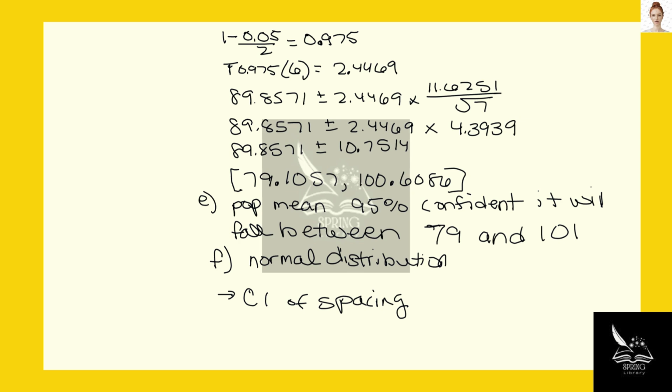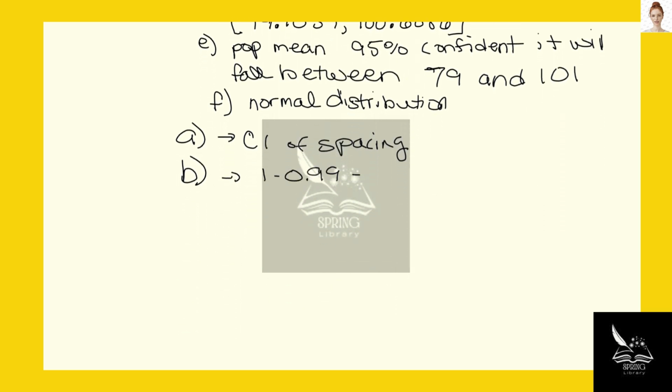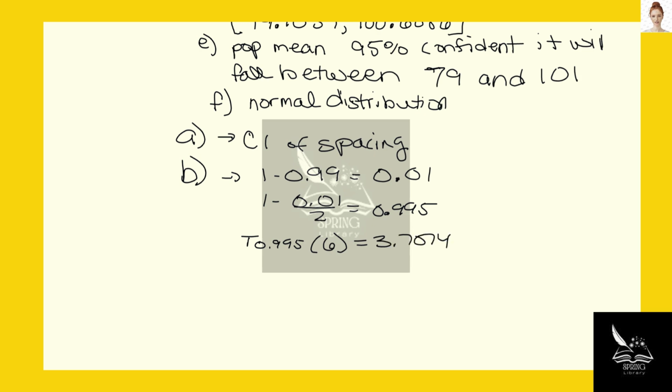So that's A, and then B, you have to do 1 minus 0.99, which is 0.01. 1 minus 0.01 divided by 2, and you're going to get 0.995, and t 0.995 with degree of freedom of 6 is 3.7074.